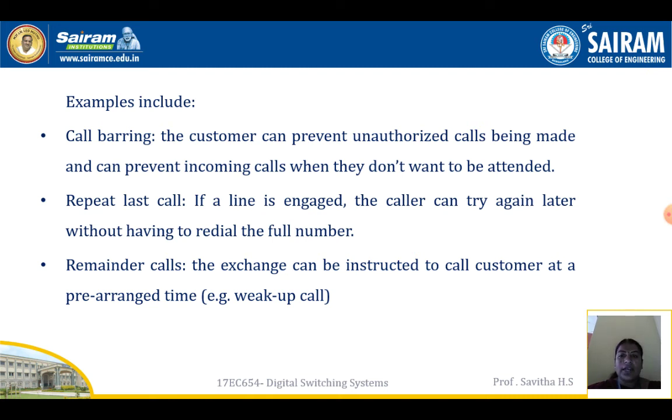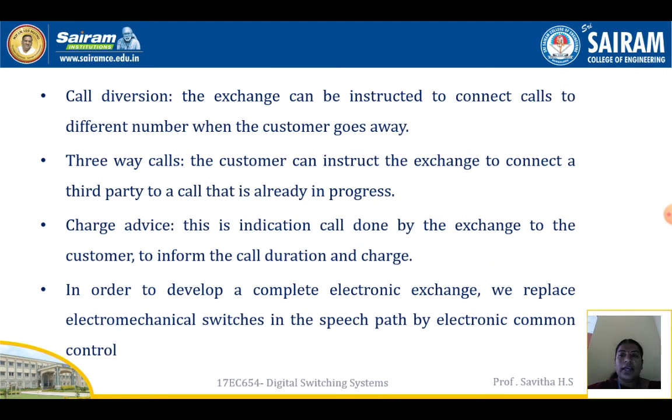Reminder calls. The exchange can be instructed to call the customer at a pre-arranged time. Call diversion. The exchange can be instructed to connect calls to a different number when the customer goes away. Three-way calls. The customer can instruct the exchange to connect a third party to a call that is already in progress. Charge advice. This is an indication given by the exchange to the customer to inform the call duration and charge.